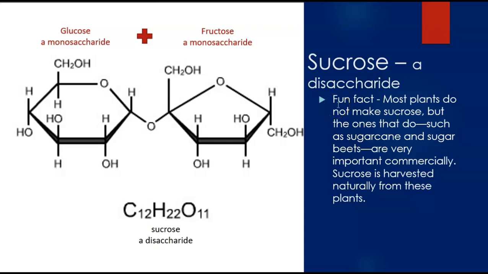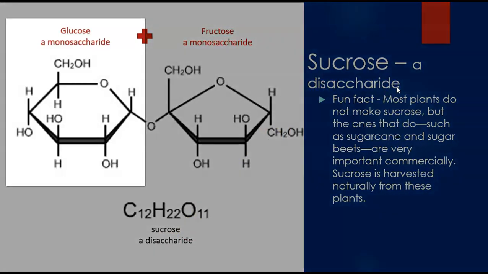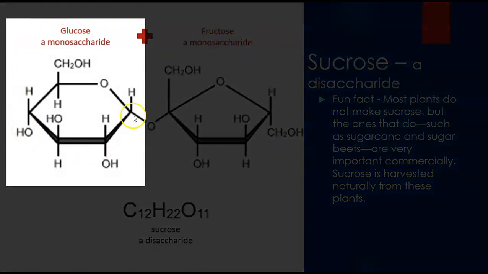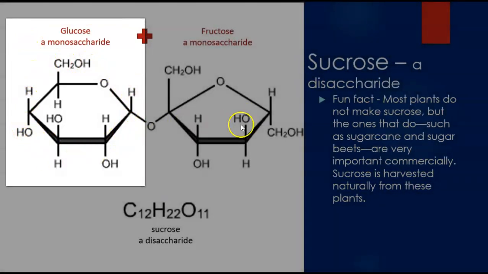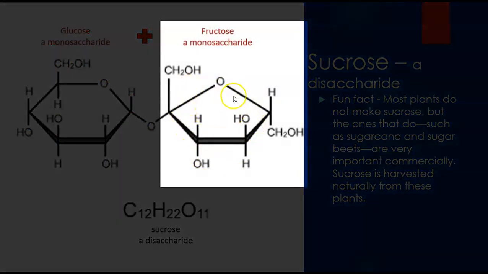Fun fact, most plants do not make sucrose, but the ones that do, such as sugarcane and sugar beets, are very important commercially. Sucrose is harvested naturally from plants. Sucrose, by definition, is a disaccharide. It's made up of one glucose molecule chemically joined to a fructose molecule.